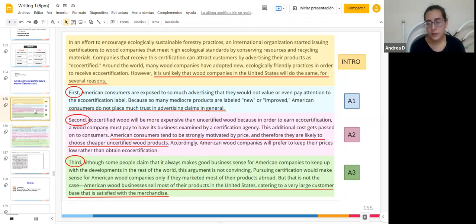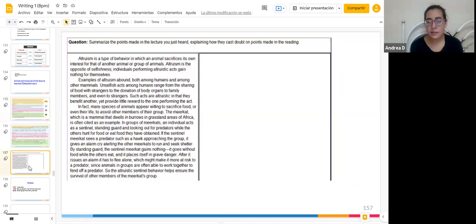Now, what you need to do when you're reading, just read and try to understand, try to get the reading. You don't have to memorize it. You don't have to take notes, since it's not going to go anywhere. It's not going to disappear once your 3 minutes are over, because they give you 3 minutes to read. You're still going to be able to read the article.